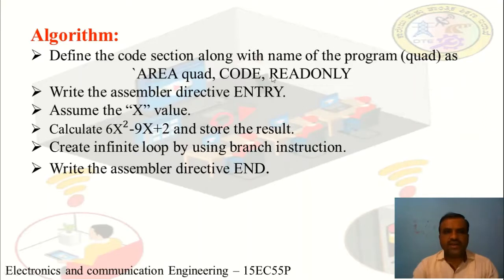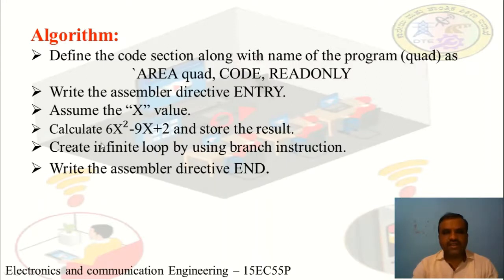After defining the code section, you have to write the assembler directive entry. Entry assembler directive indicates the entrance to the program. Next, you have to assume the x value for this program. After assuming the x value, you have to calculate 6x square minus 9x plus 2 and store the result.